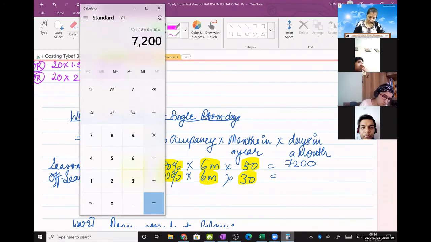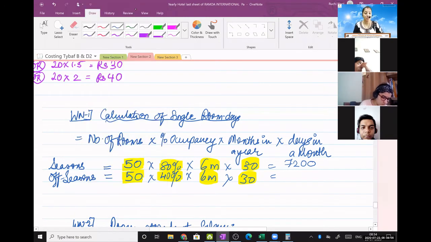Next, 50 into 40% occupancy into 6 months into 30 days. So the answer is 3,600. So total this makes it 10,800 room days, I mean single room days.